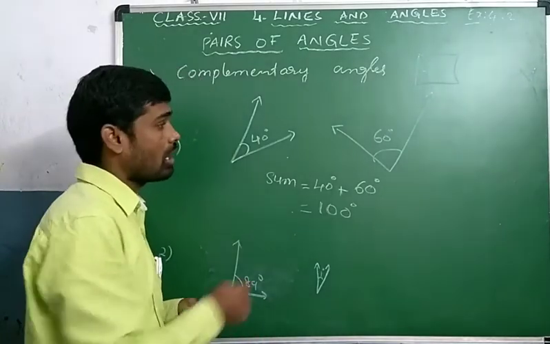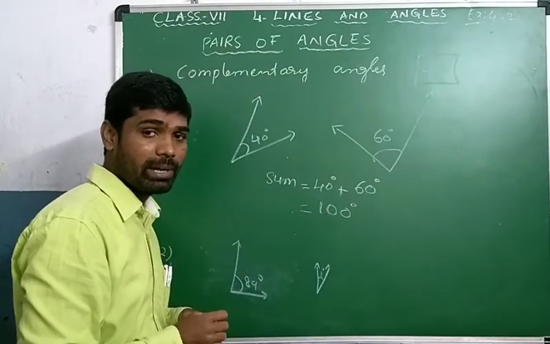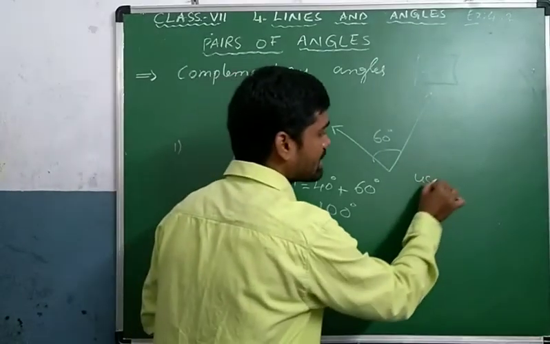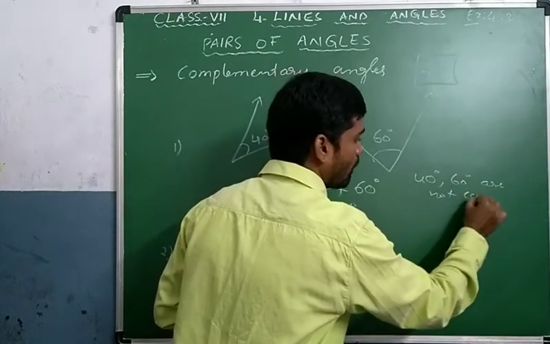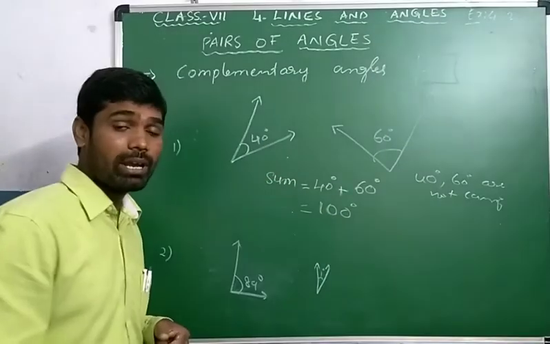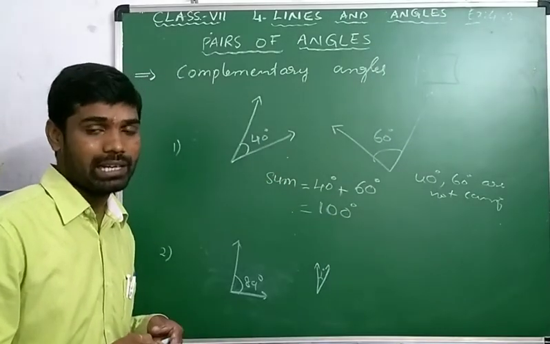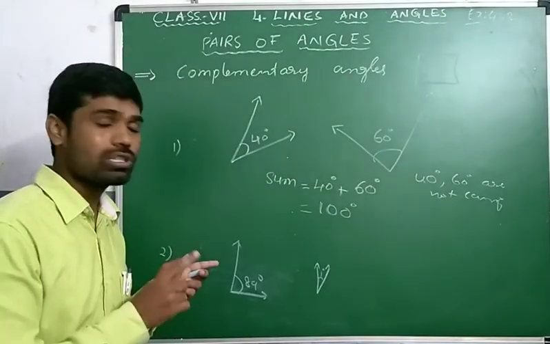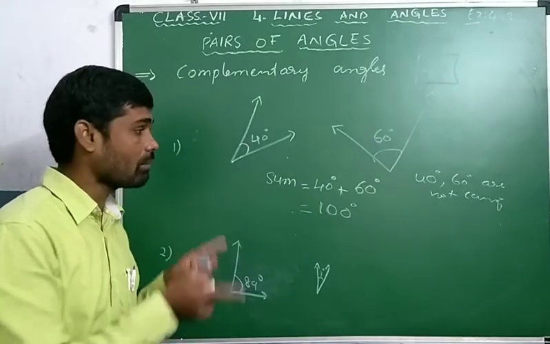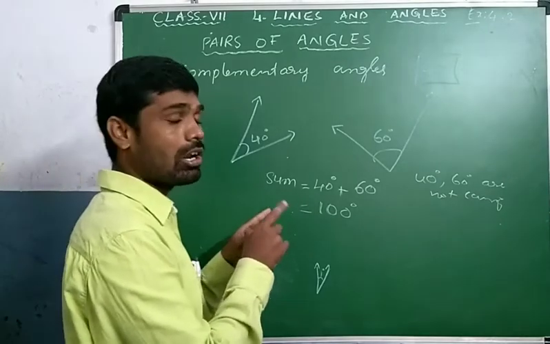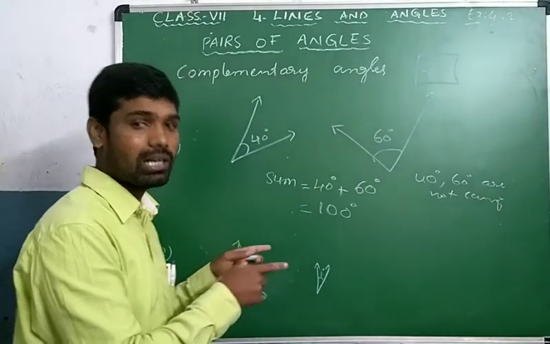Do you agree that those two angles are complementary angles? No, 40 and 60 are not complementary angles. Why? Because the sum is more than 90 degrees. Those two sums should be equal to 90, then we consider that both are complementary. But now those two values do not sum to 90, so they are not complementary.